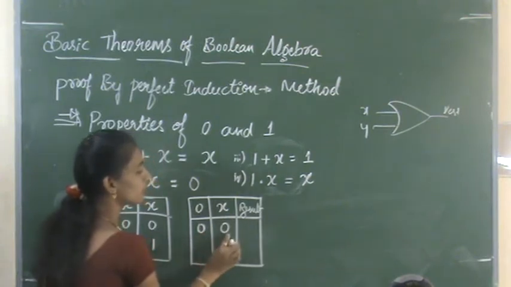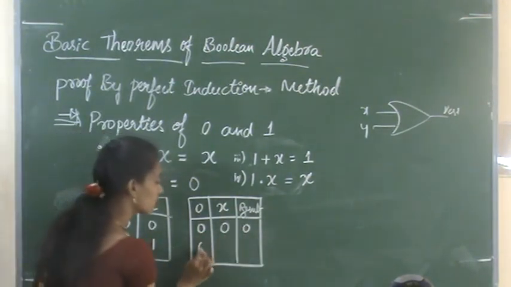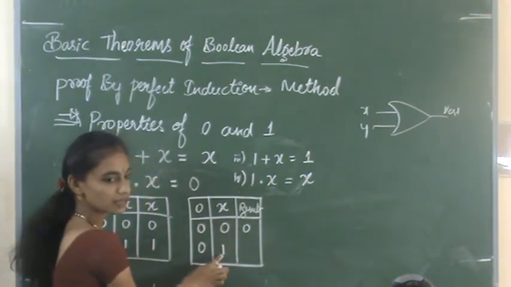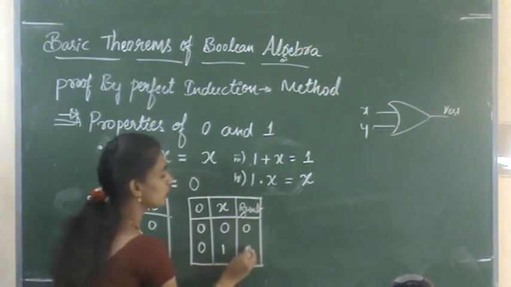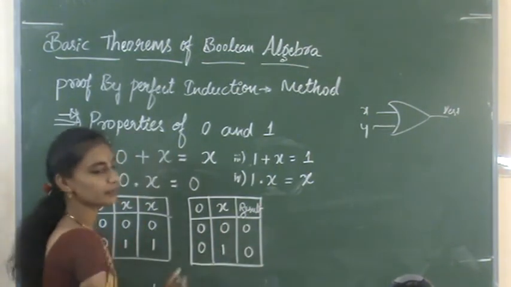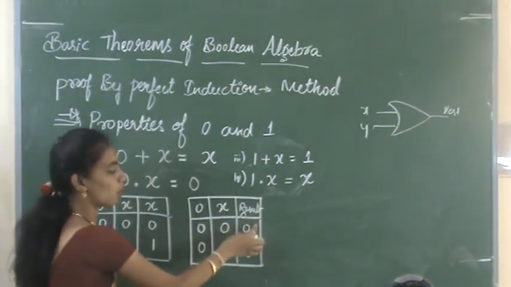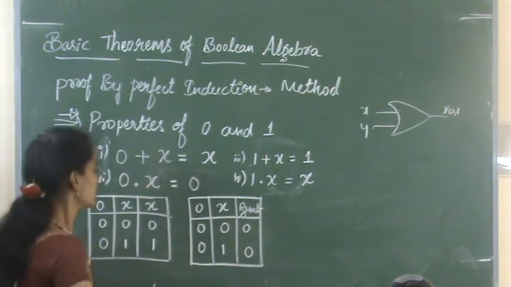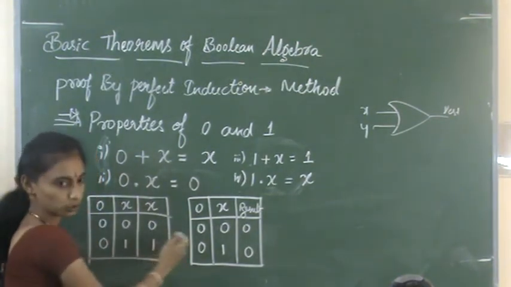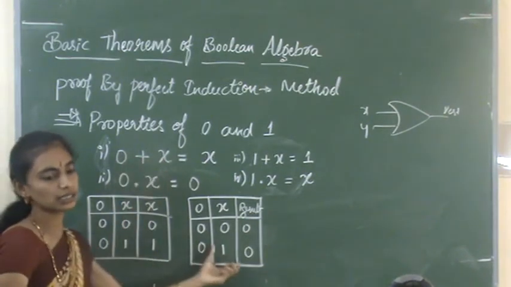What is 0 into 0? The output will be 0. Next, 0 into 1, I am providing the x value as 1. So 0 into 1 is 0. So if you provide either of these two values to x, the output will be 0 only. This will be represented using a truth table. We prove the equation using this truth table.